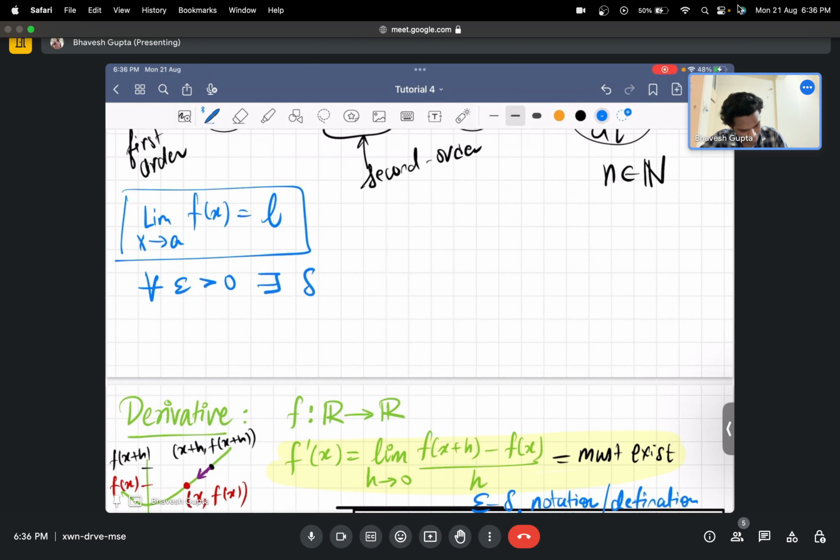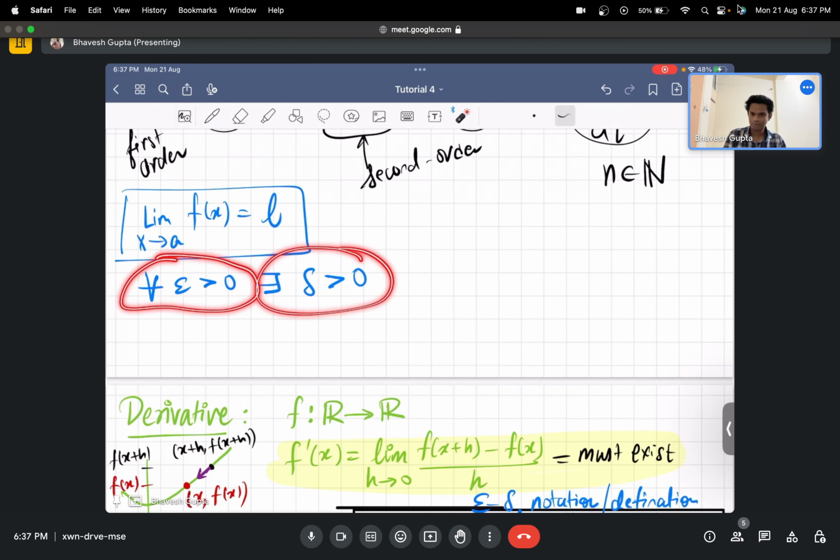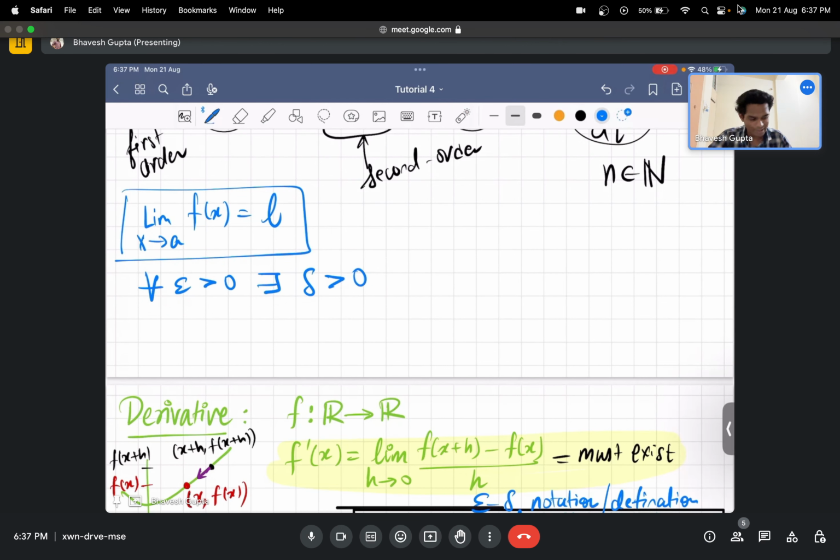I can always give you an interval around L, and I will define this interval for the inputs. You give me an interval, and I can always construct an interval around x equal to a, such that if I calculate the values in that neighborhood, they turn out to be very close to this limit value.